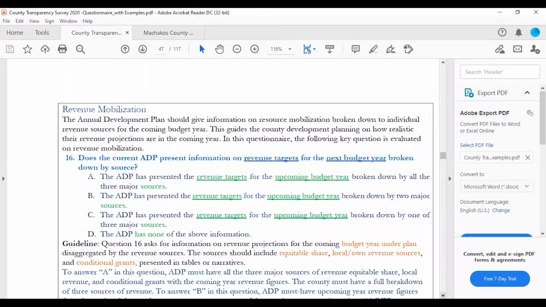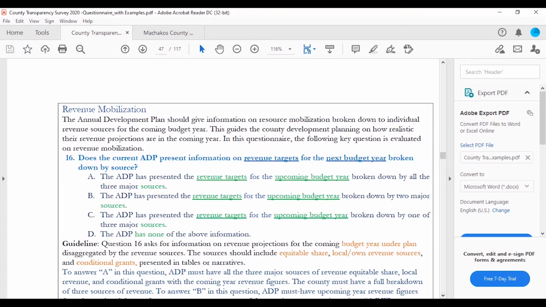And then the ADP should also give information on resource mobilization, broken down to individual revenue sources for the coming budget year. So this guides the county development planning on how realistic the revenue projections are in the coming year. So we are going to see whether this ADP presents information on revenue targets for the next budget year, broken down by source.